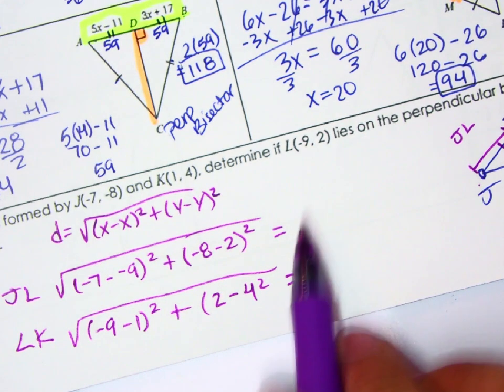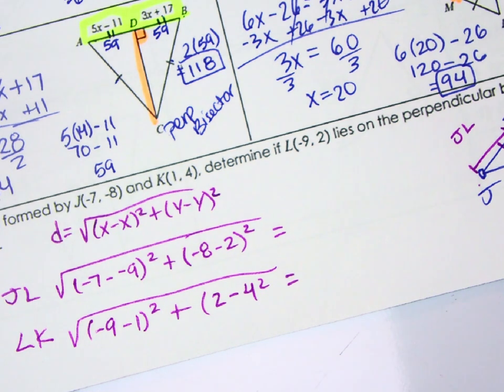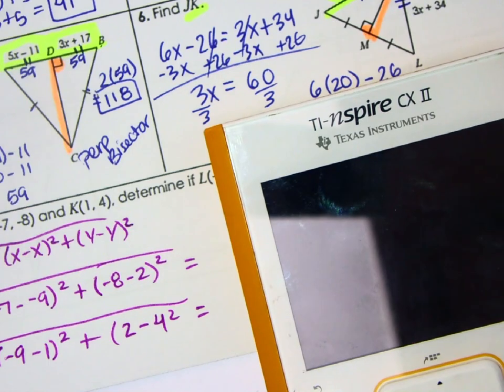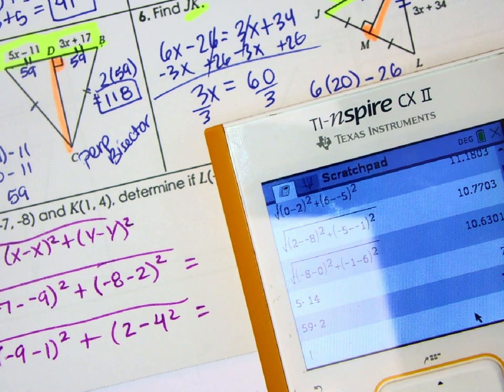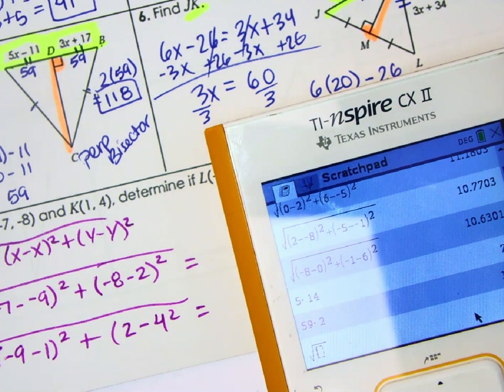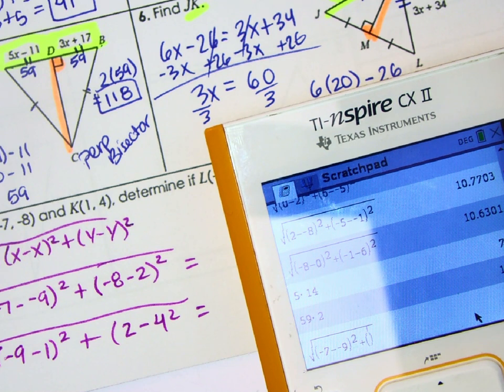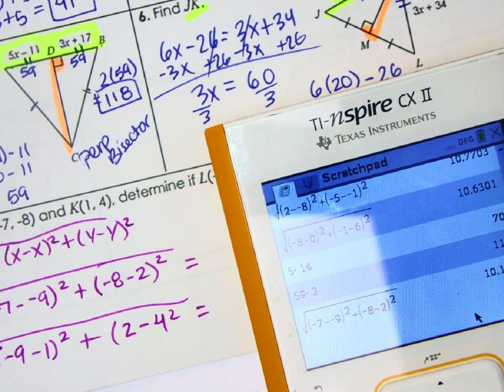And if this is going to be a yes, we have to have the same answer right here. So let's check that on our calculator. Square root of -7 minus -9 squared plus -8 minus 2 squared. All right, let's check what the other one is.